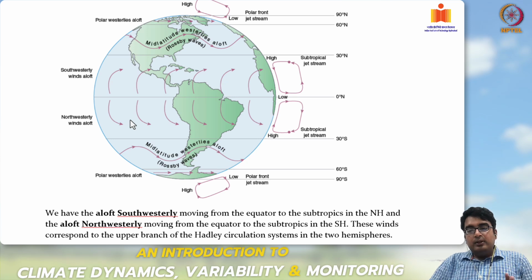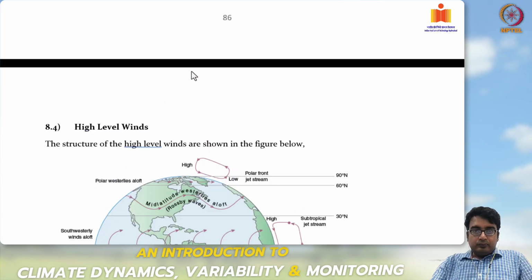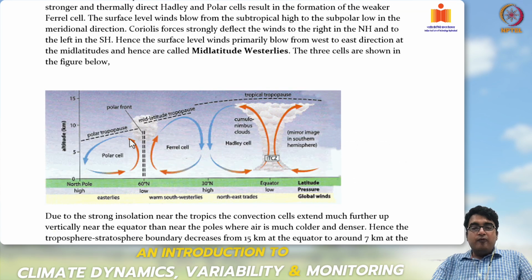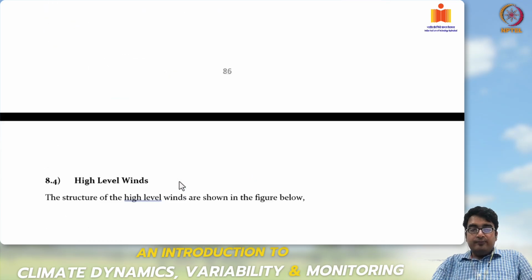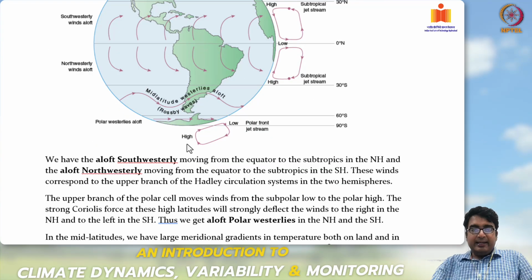Just to remind you, the wind direction is based on the direction from which the winds are coming. So winds coming from the southwest are southwesterly winds, and winds coming from the northwest are northwesterly winds. In the polar region as well, the winds are moving from the subpolar low pressure zone at 60 degrees to the polar high, primarily south to north in the northern hemisphere, and north to south in the southern hemisphere.